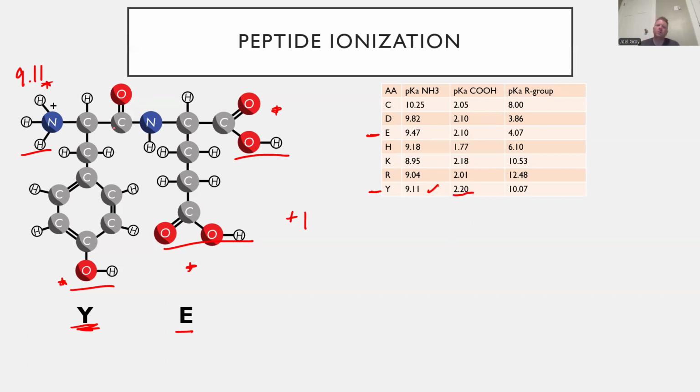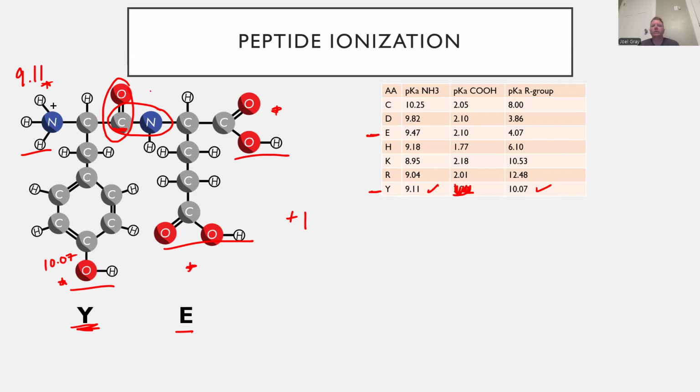Well, if we look at the C termini of tyrosine, it's not actually a COOH, so it's not ionizing because it's a part of my peptide bond. And so this pKa, I'm going to scribble it out because I don't need it. Now, my R group with a pKa of 10.07, I do need, so I'll use that. So I'm going to write that in because that's still ionizing.